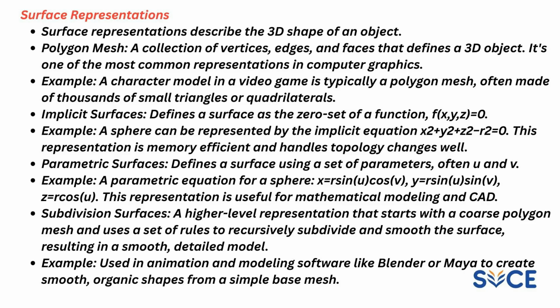So these are some of the things we have seen. To wrap up, polygon meshes give us flexibility for games and graphics, implicit surfaces provide a compact mathematical description, parametric surfaces enable precise modeling for engineering, and subdivision surfaces deliver smooth organic models for animation.